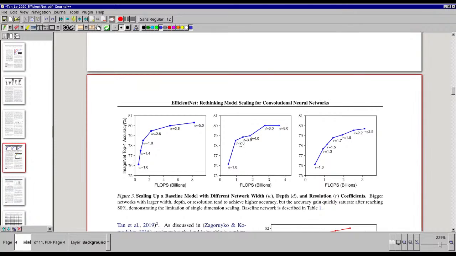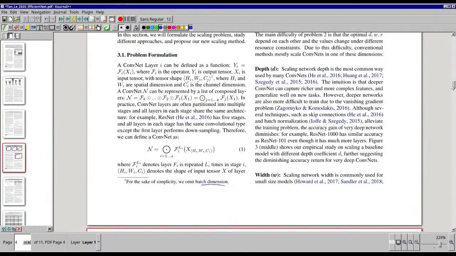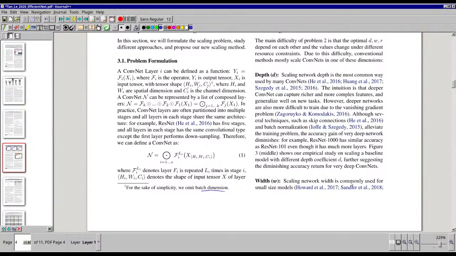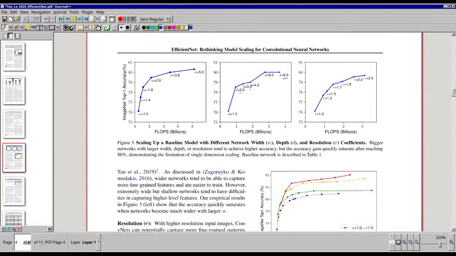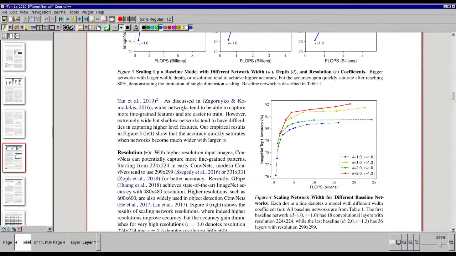This is doubling, 8 times. Width scaling is commonly used for small size models. As discussed in prior work, wider networks tend to be able to capture more fine-grained features and are easier to train.